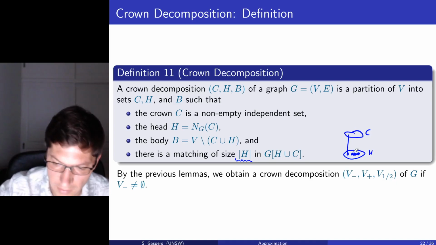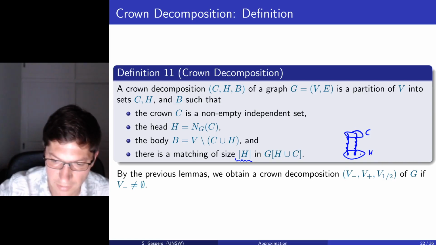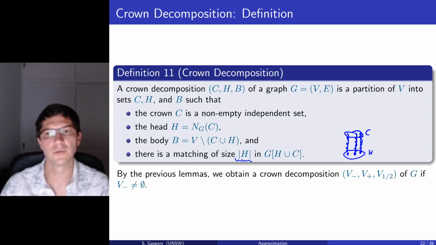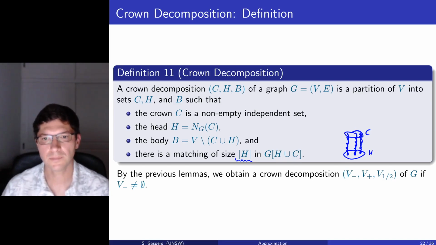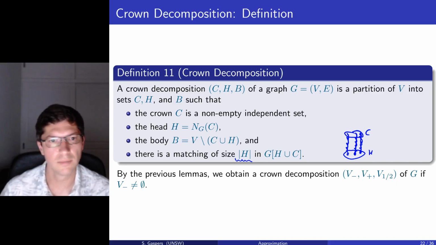So the matching must go across from the head to the Quown, and every vertex of the head must be matched to somebody in the Quown. Okay, so this picture corresponds exactly to what we had.